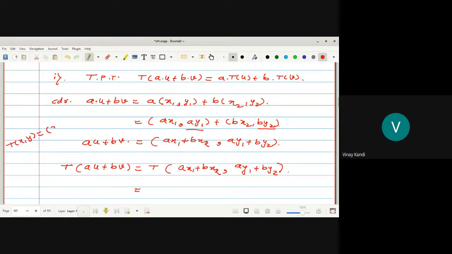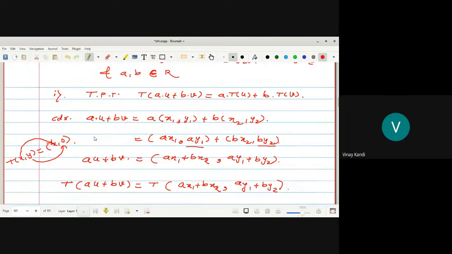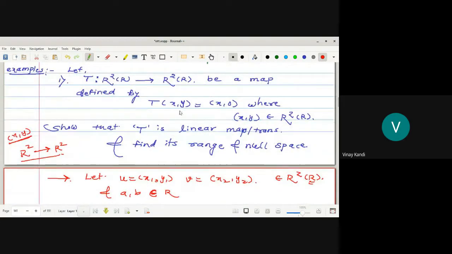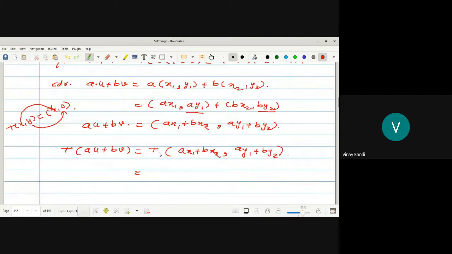So the first coordinate is as it is, and the second coordinate becomes 0. Applying T on this element, the first coordinate is ax1 plus bx2, and the second coordinate becomes 0.